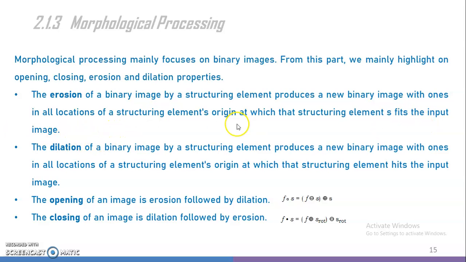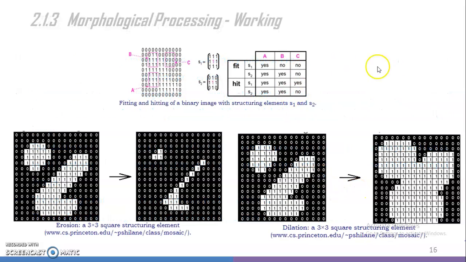And there are 2 properties, by the way. One is fitting and another is hitting. In the fitting part, erosion comes into play, and with the structural element, the hitting part, dilation comes into play. Opening is erosion followed by dilation, and closing is dilation followed by erosion, just vice versa. Next is the morphological processing, the working.